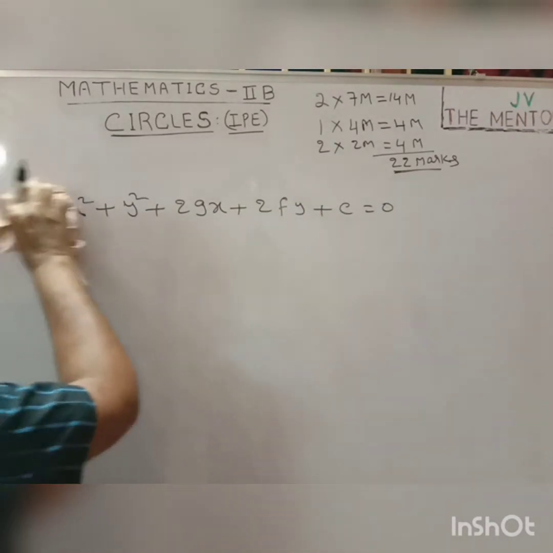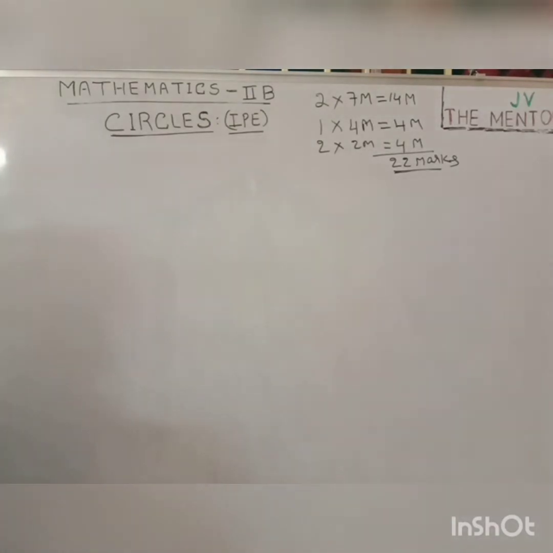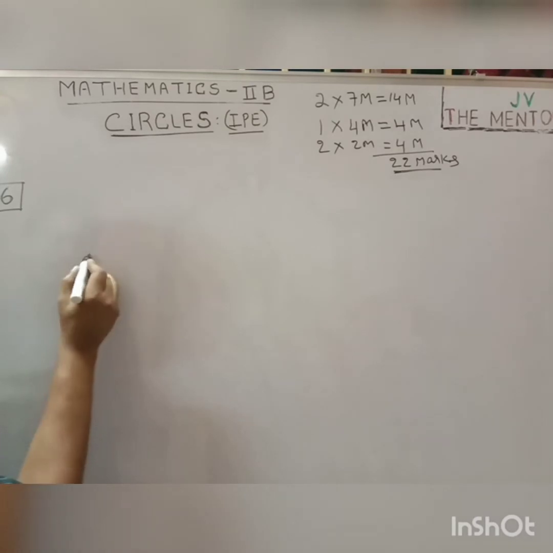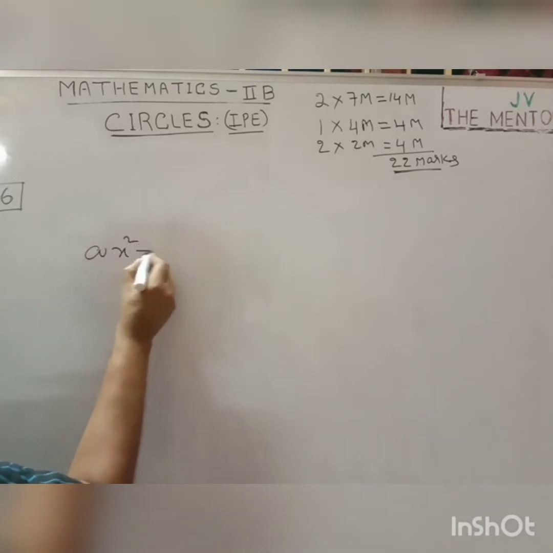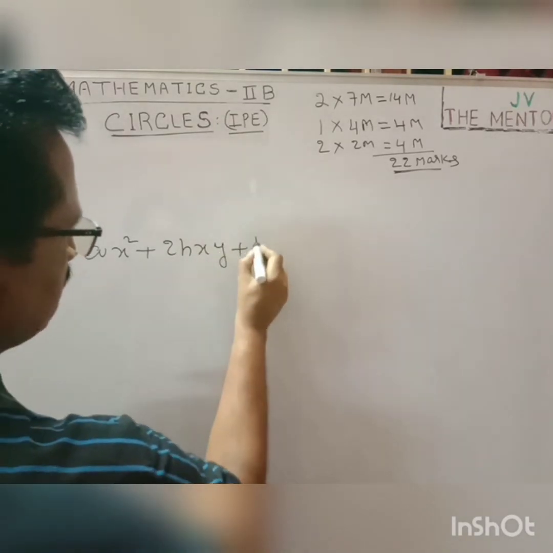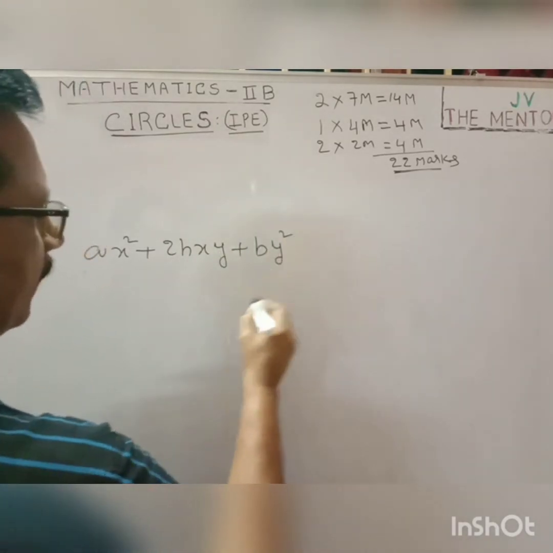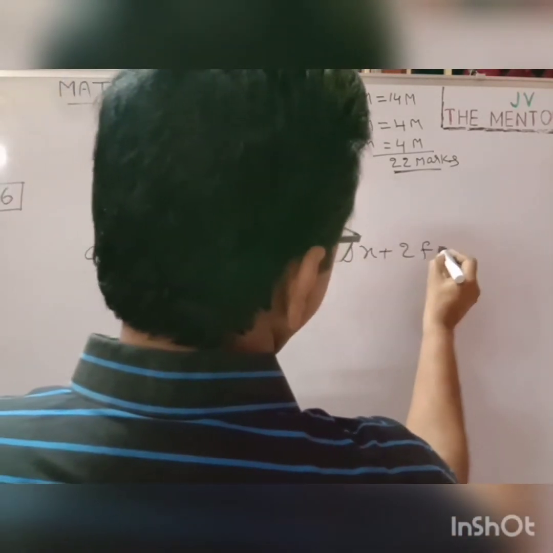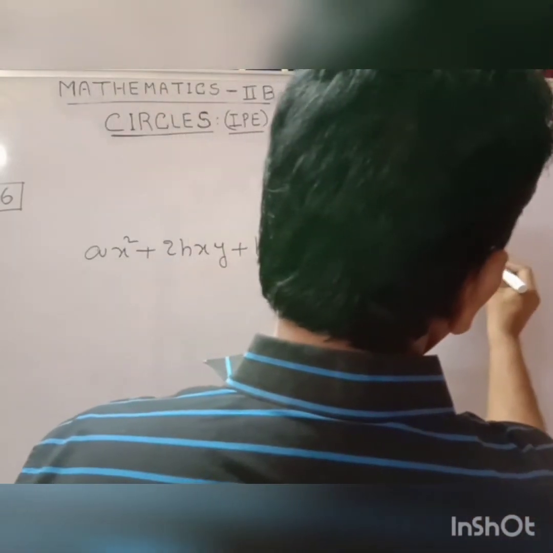Okay, next we will go to the next point, the sixth one. The standard form of the second degree non-homogeneous equation. What is the second degree non-homogeneous equation? Ax square plus 2hxy plus by square plus 2gx plus 2fy plus c equal to 0.